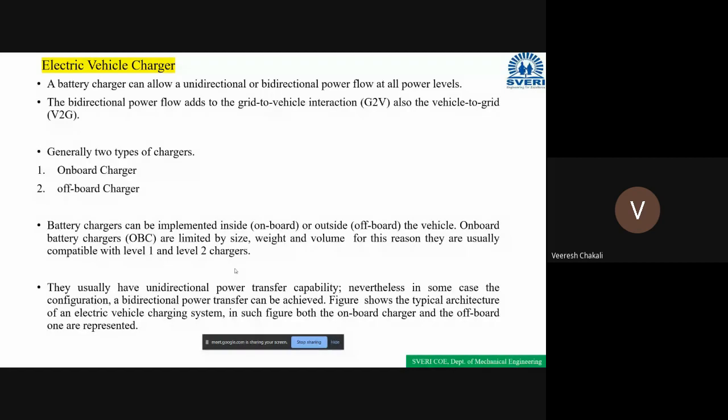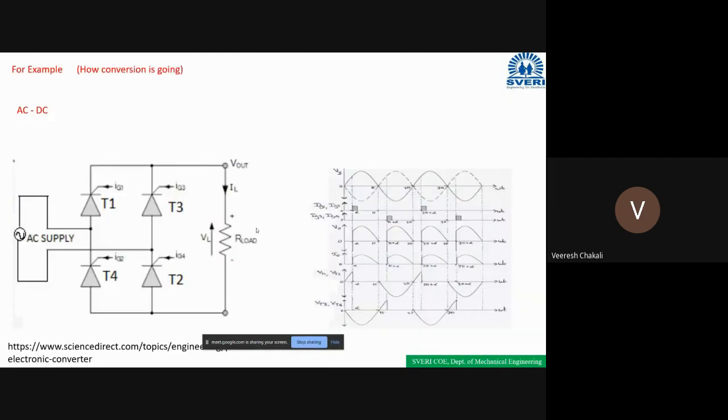Today we are going to discuss the electric vehicle charger. In the previous lecture, we saw what an electric vehicle is, what a conventional vehicle is, the difference between conventional and electric vehicles, the parts of an electric vehicle, and why we are going for electric vehicles. Clear?